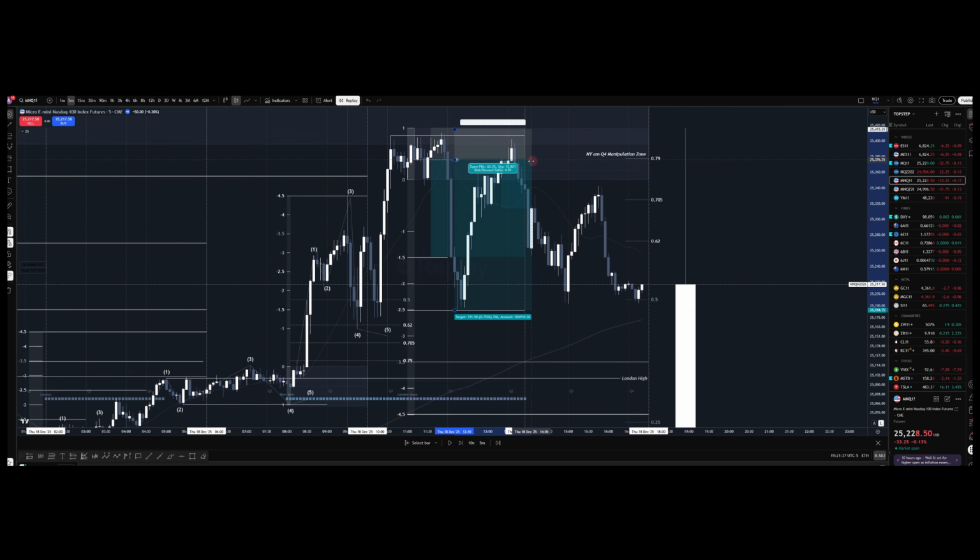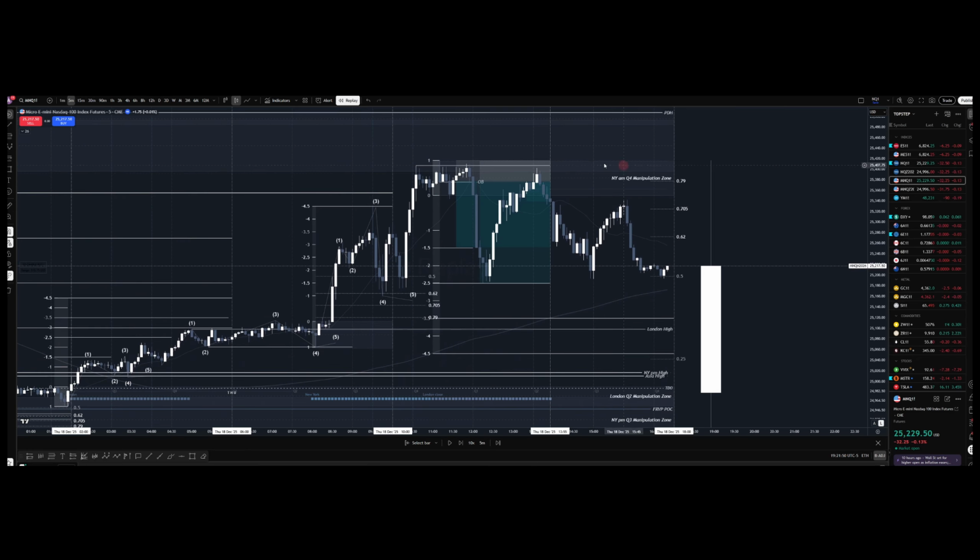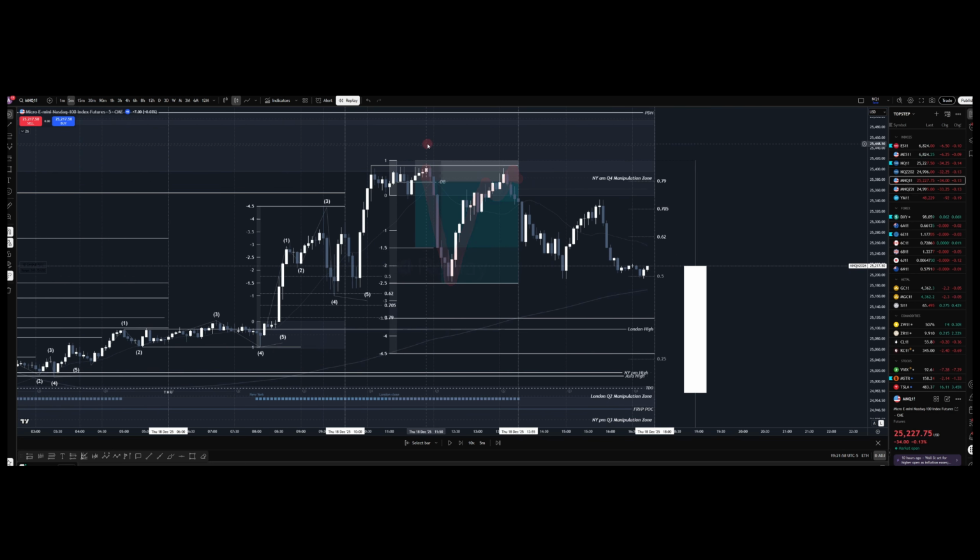Some more nice clean delivery to your standard deviation level. Just had to take a bit of heat here if anyone was in there. At the end of that 11 o'clock hour. So that 11 o'clock hour is pretty much a doji there.